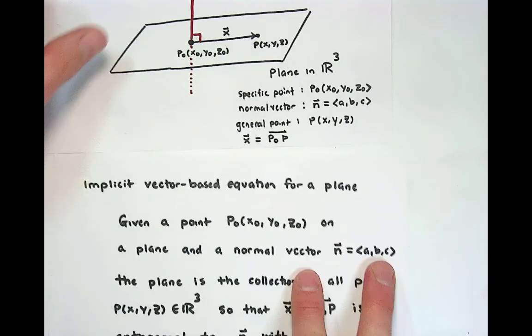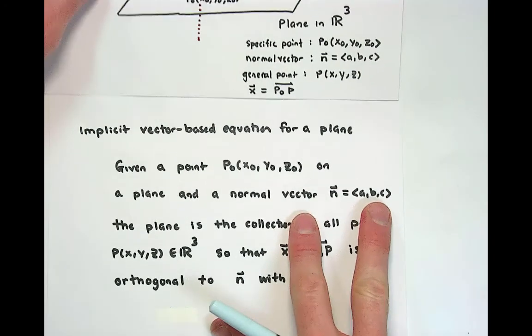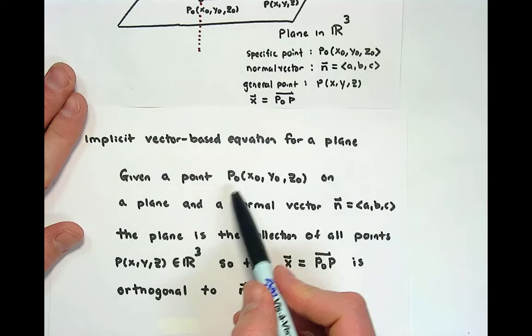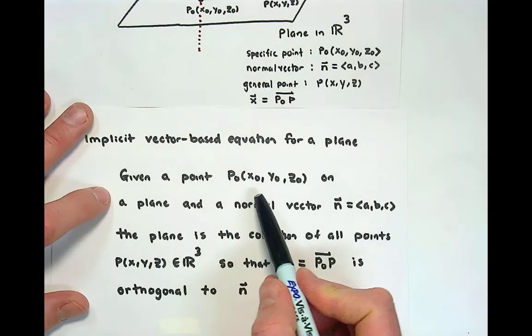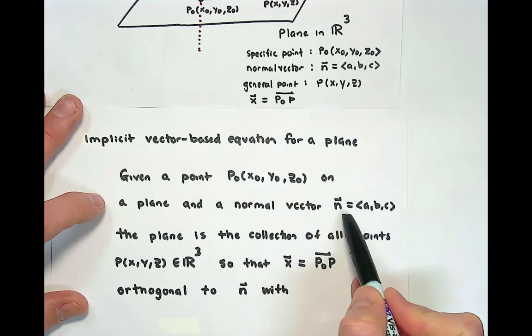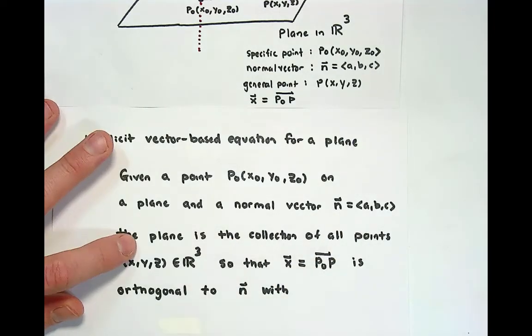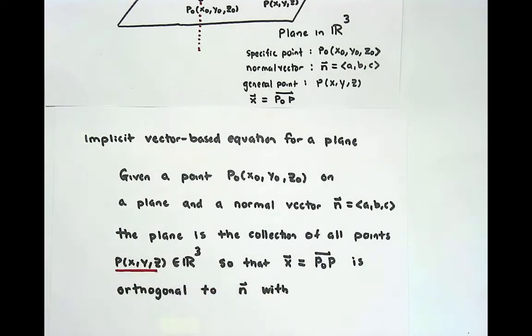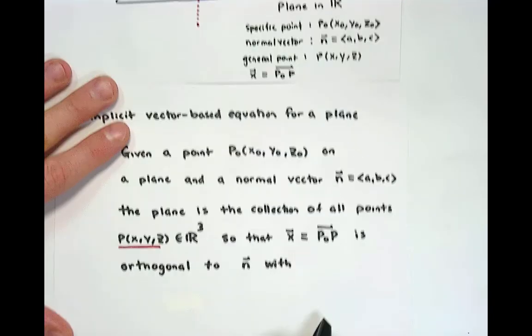And the whole claim that we just made was, when we think about that diagram, given a point p naught on the plane and a normal vector to the plane, which encodes a direction, the plane itself is the collection of all points such that the vector x from p naught to p is orthogonal to n.